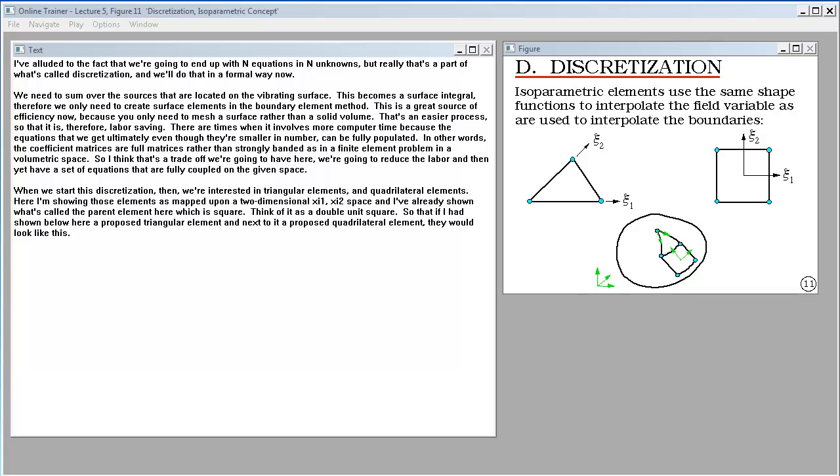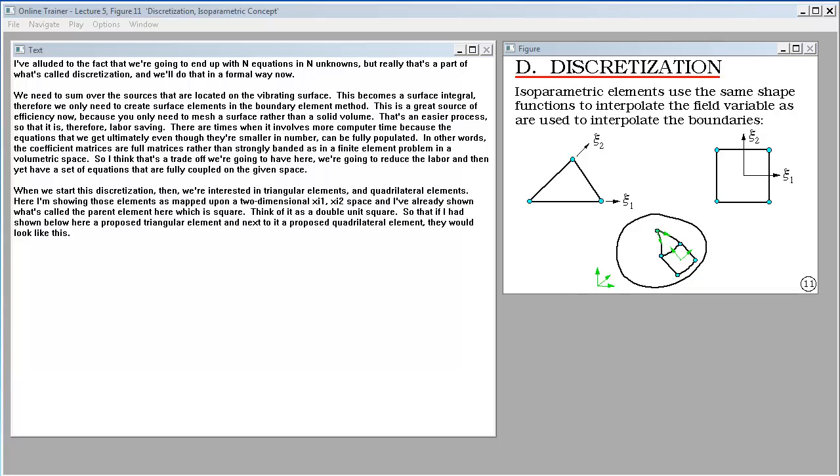In other words, the coefficient matrices are full matrices rather than strongly banded as in a finite element problem in a volumetric space. So I think that's the trade-off we're going to have here. We're going to reduce the labor and yet have a set of equations that are fully coupled on the given space.